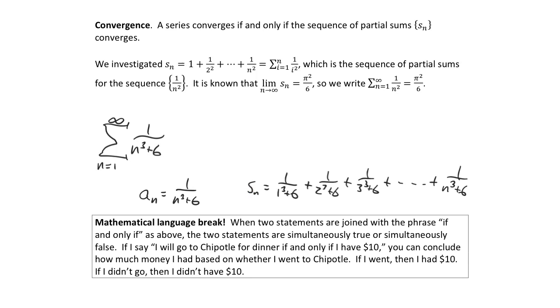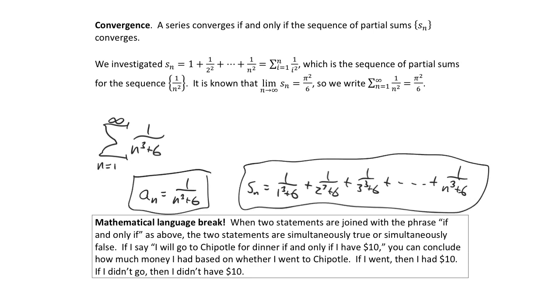So the terms are the 1 over n cubed plus 6. The partial sums are these guys. Now, it turns out that one of these can converge while the other doesn't. Okay, I'm not going to tell you which. Yes, I am. The terms might converge to a number, but the sequence of partial sums may not. So we've got to be watchful for that.